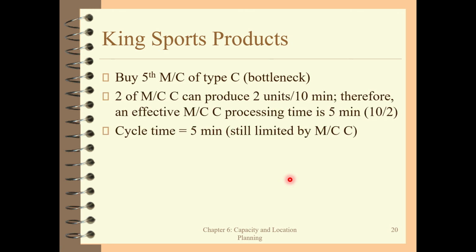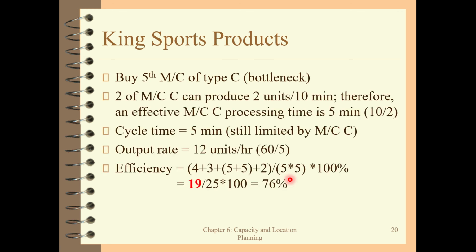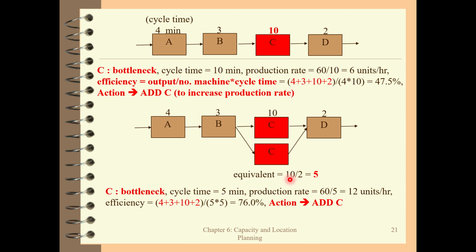If we want to increase the production capacity of the line, what should we do? We should add the machine. We should add the machine to the bottleneck machine by paralleling it. Right? Okay. So at the beginning we have 4 machines.